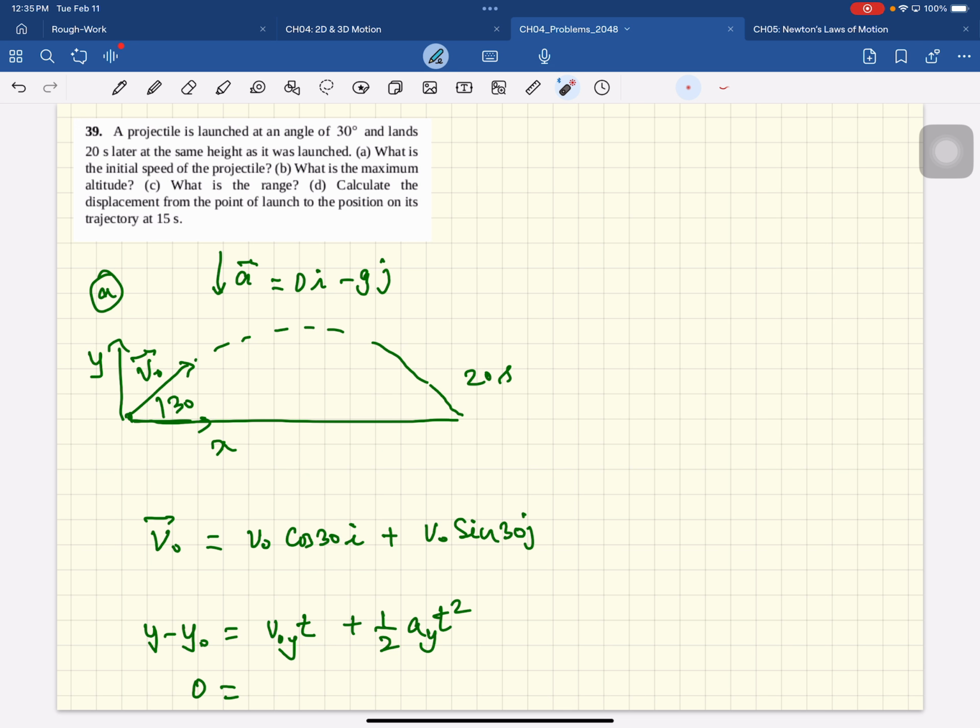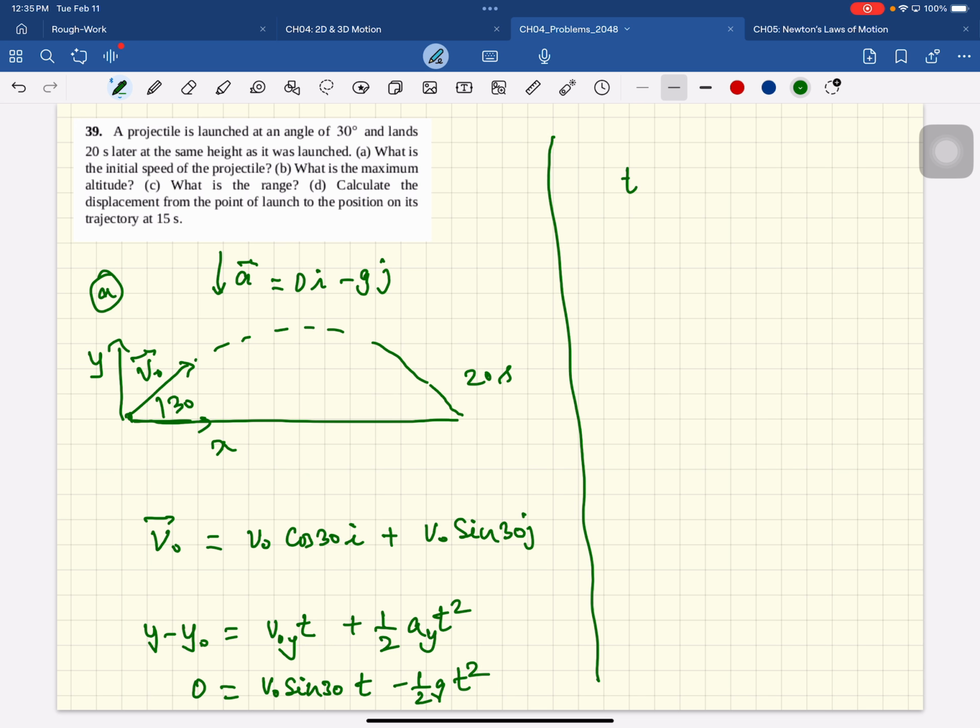And the y component of the velocity is v naught sine 30. a y is minus g.